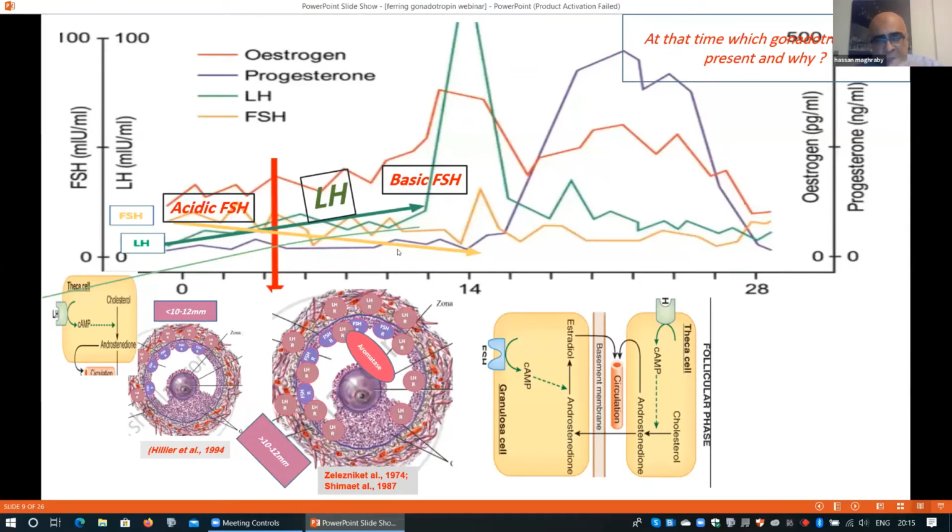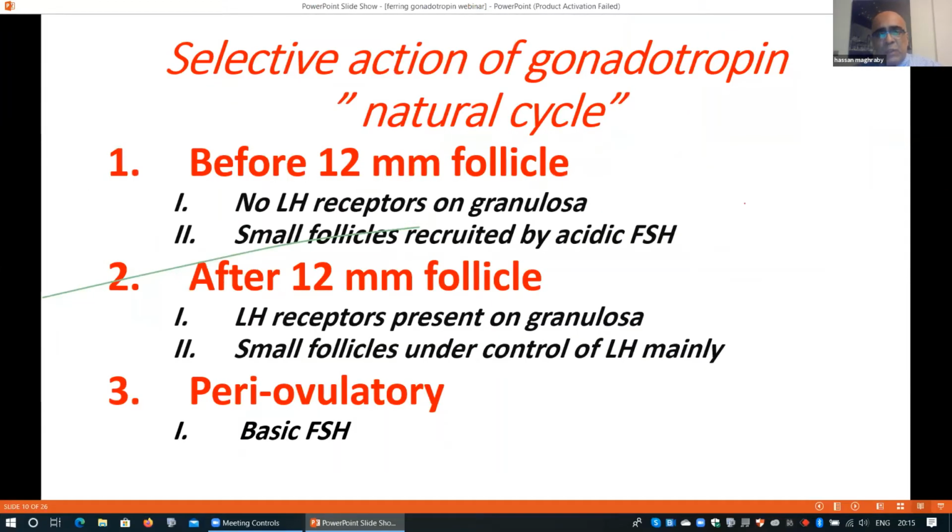So if we want to simulate what is happening in the natural cycle in treatment, we should speak about selective action of gonadotropin in the natural cycle. So before 12 millimeter, there is no LH receptor on the granulosa, and the small follicles are recruited by acidic FSH.